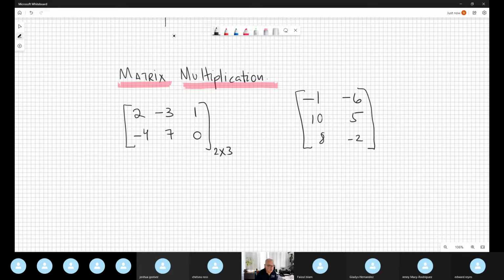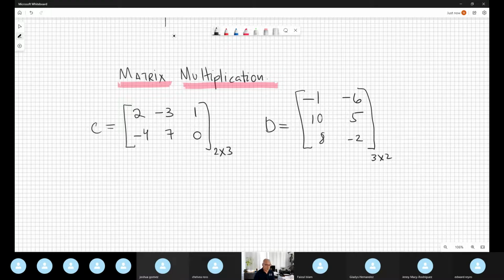Okay, the matrix is 3 by 2. One more time, I analyze. The first one, let me call it matrix C, has 2 rows and 3 columns. However, in the matrix D, we have 3 rows and 2 columns, right?